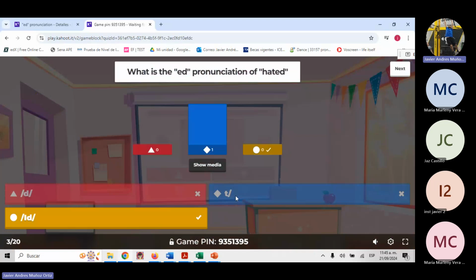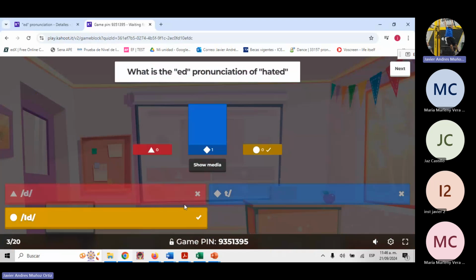Pero se pierde. En ese tipo de casos, cuando tenemos pronunciación que termina en sonido de T de tomate o de D de dedo, como hate, lo que vamos a hacer es modificarlo un poquitico para que efectivamente suene ese pasado y decir id, hated o decide, por ejemplo.